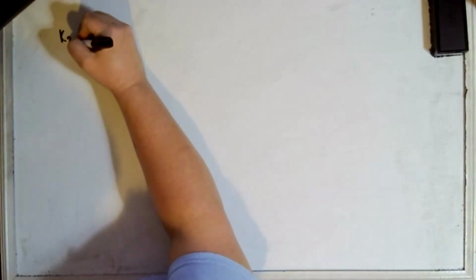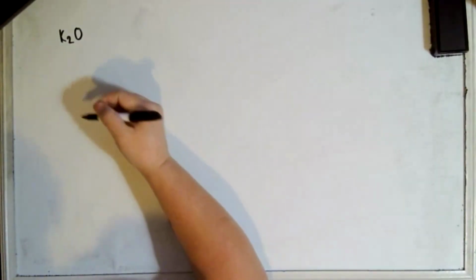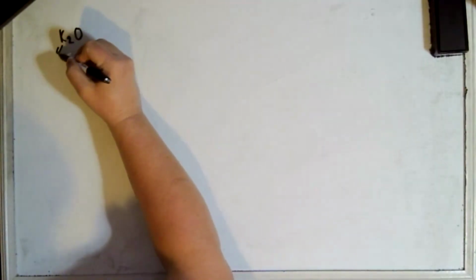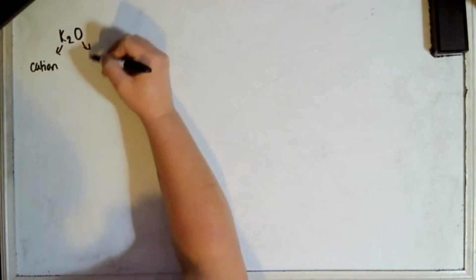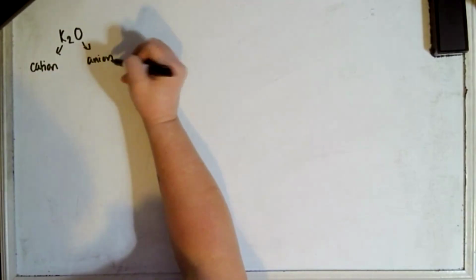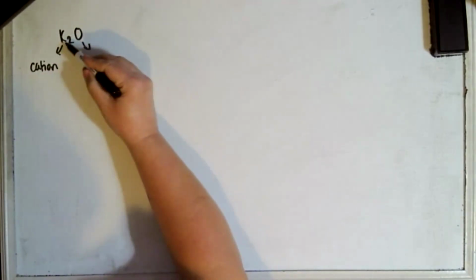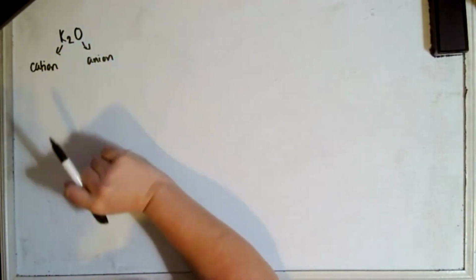Okay, we'll start with our K2O. And so the first thing that you want to do is just identify what the cation and the anion are in the compound. The cation is always going to be the thing that's first. The anion is going to be the thing that's second. And we're going to name the cation without changing its name at all.